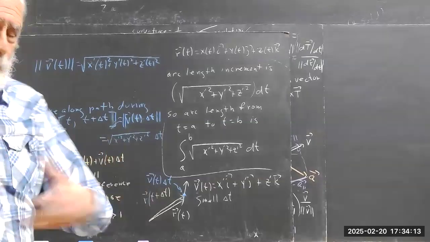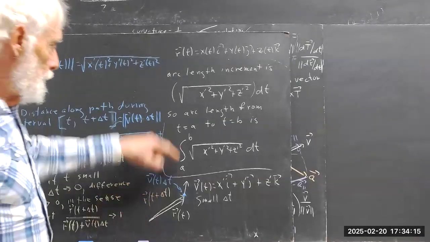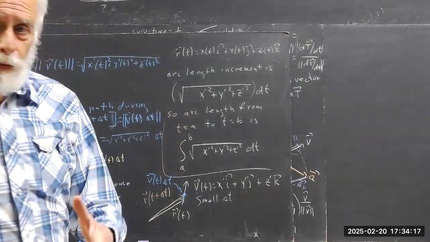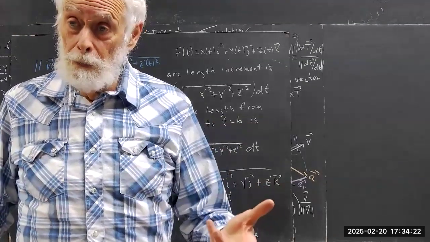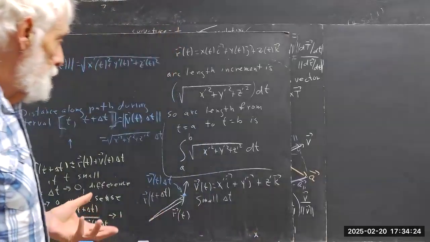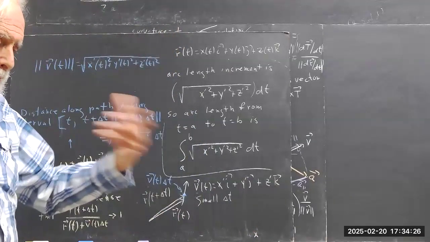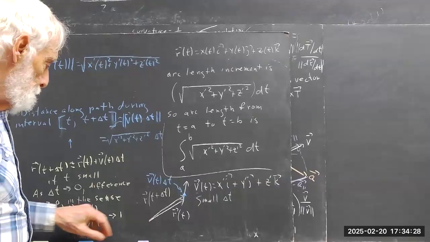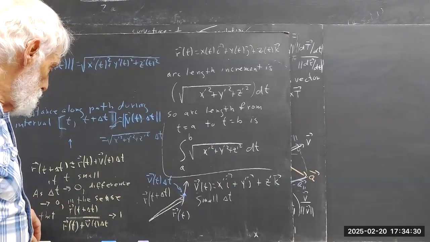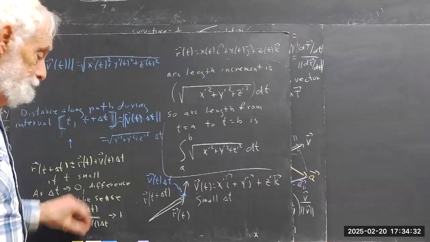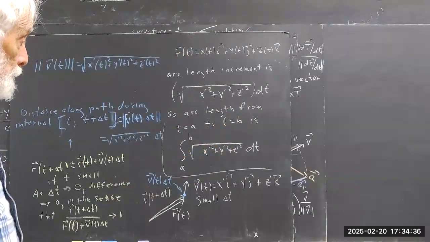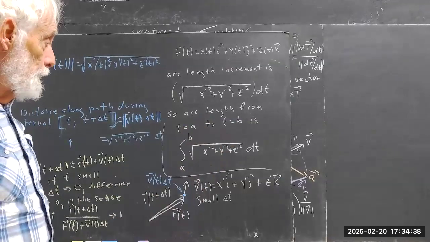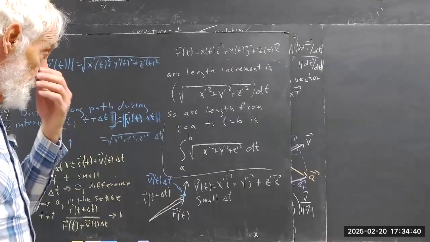Now, we could partition the interval from A to B and so form a Riemann sum, and we'll probably do that, okay? And I believe your text probably does that. And then prove it, using the standard technique when you let your delta t's all approach zero, you see that you do get this integral, okay?